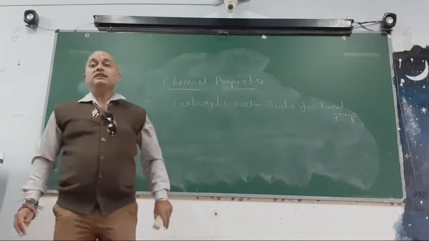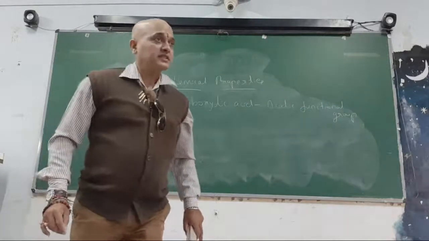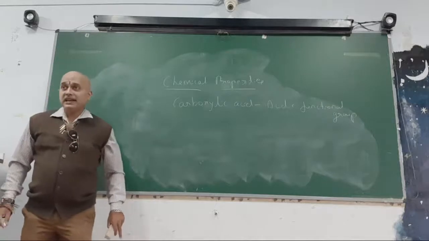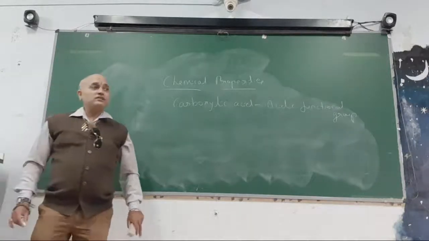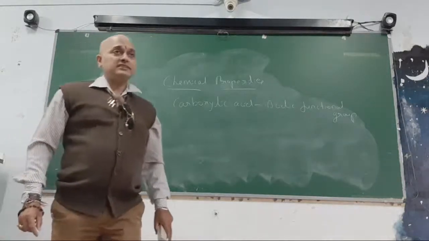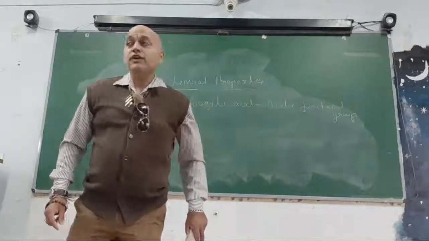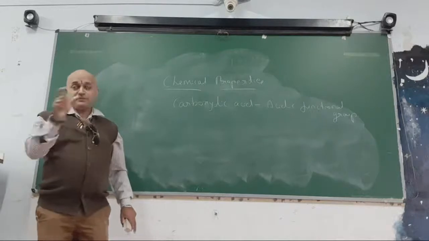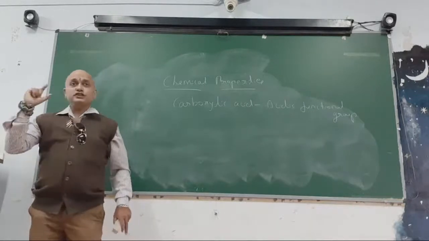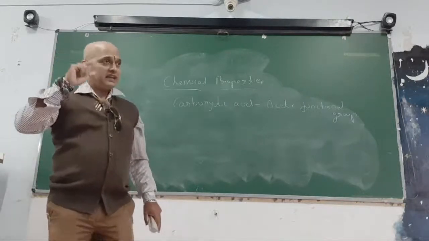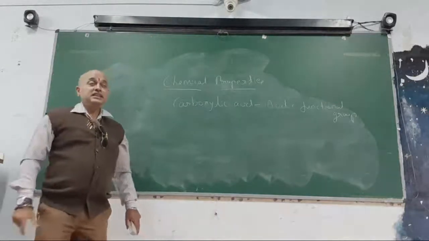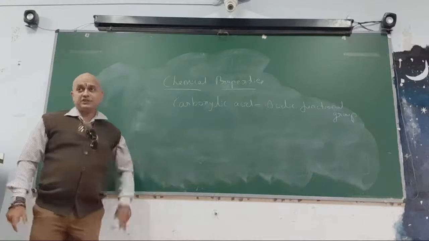Alcohol, we will not call an acid. Ketones, we will not have acid in their name. It is the carboxylic acid and sulfonic acid, the two functional groups which have acid in their name. So when I say acid, that's because of that acidic nature.